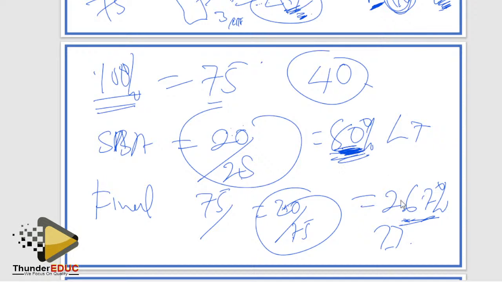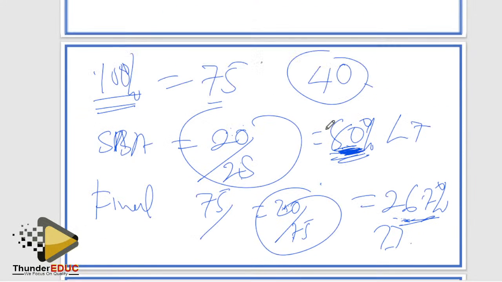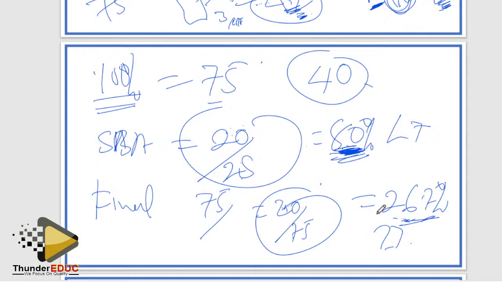You cannot keep on writing and you get 80%, and then the final exam comes, and then when you get 20 out of 75, which is you get here distinction, here you get a level 1.